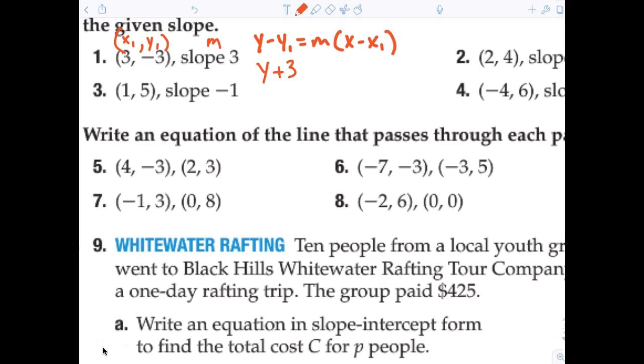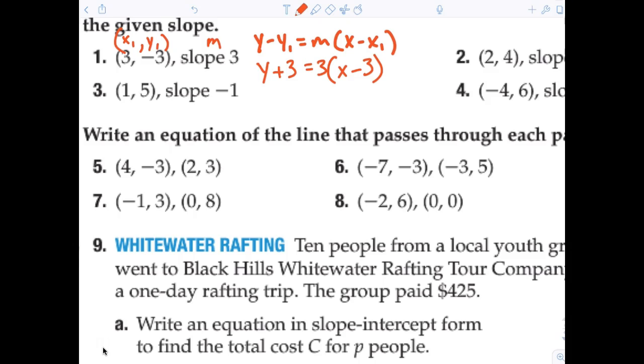Exactly right. Equals, what's the slope? 3 times x minus, what's the x coordinate? 3. Now look, guys, that's hard for a lot of people. Personally, I never understood why that's so hard. That is the answer, believe it or not. That's it. That's just the answer.